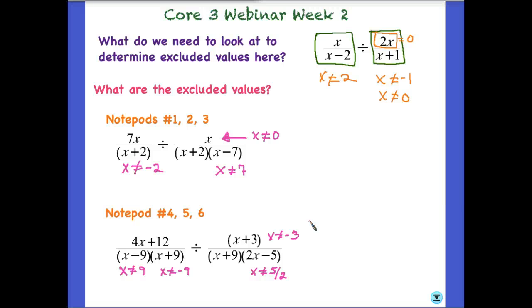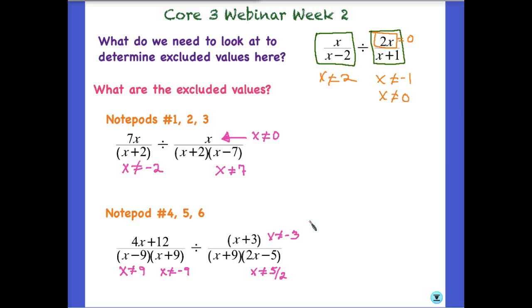Oh, Miriam, good question. You cannot have excluded values because then those values would cause you to have division by 0. So it would cause your fractions to have a denominator of 0, and then they would become undefined. So they would have no meaning. So we always have to figure out when we have a fraction that has a variable in the denominator what the excluded value is so that we can write that down, so that we don't have division by 0 that way.